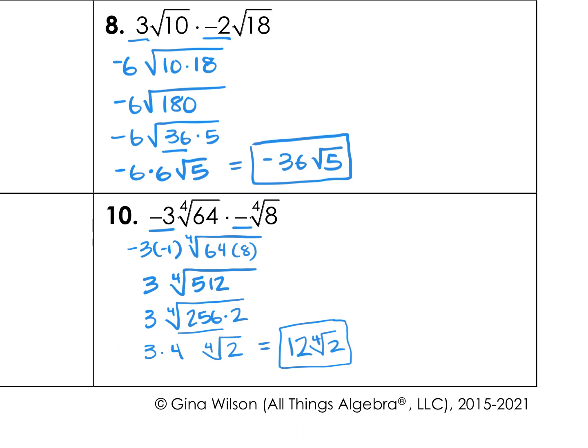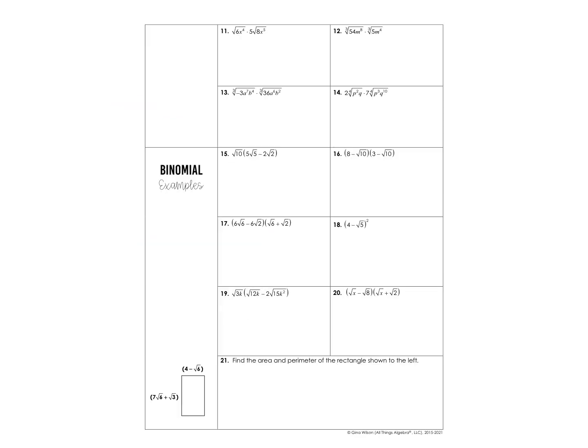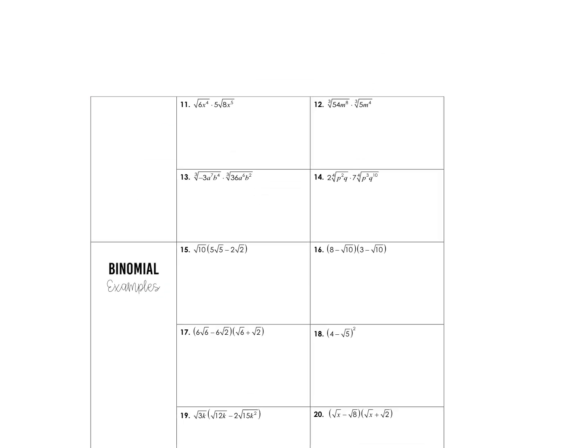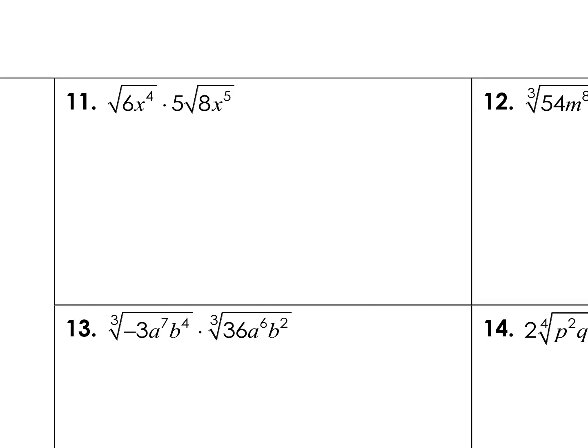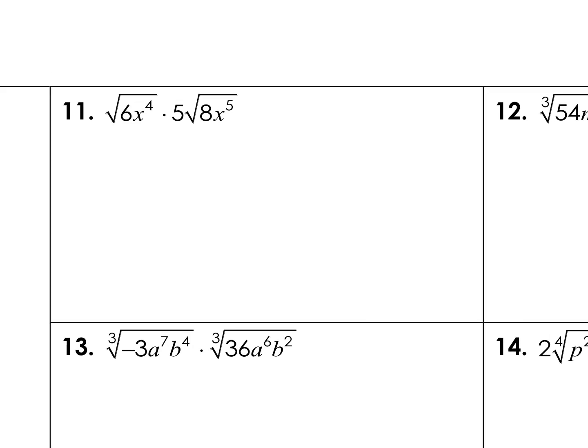So now we look at situations that have variables in them. And we do those the same way. So you multiply whatever's on the outside together and whatever's on the inside together, so it's 6 times 8, and then add those exponents. So we would have 5 times the square root of 48, x to the 9th.